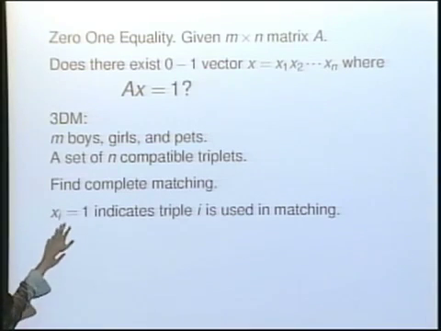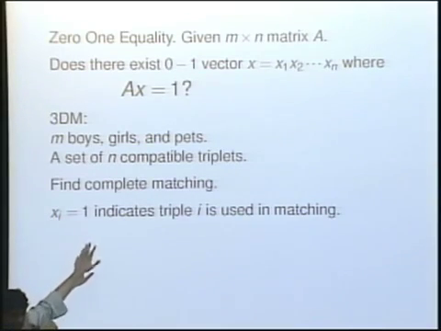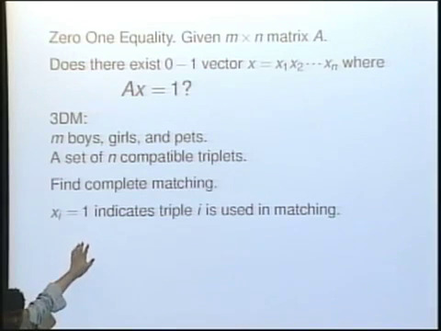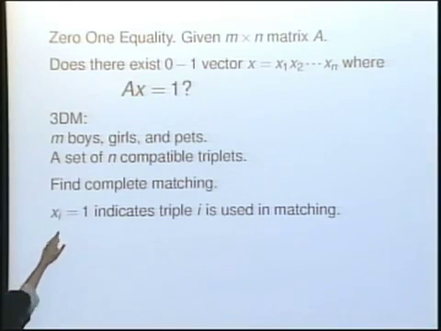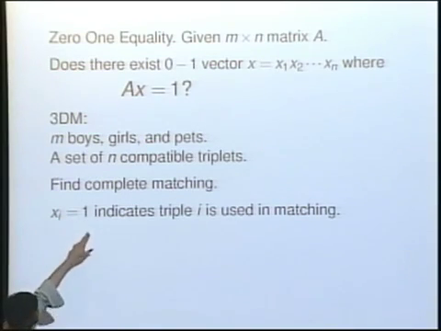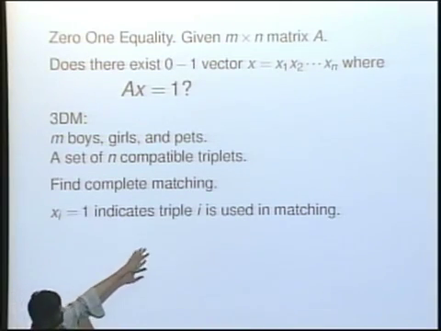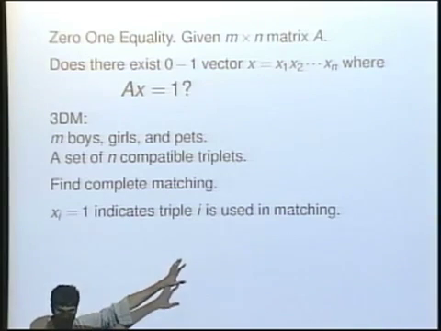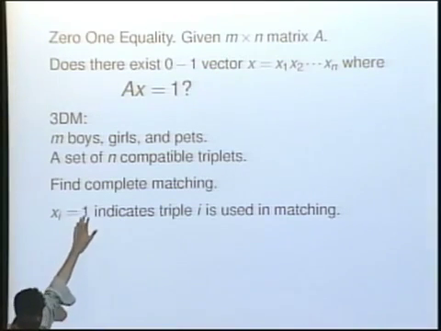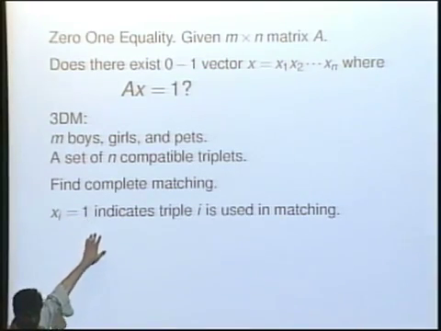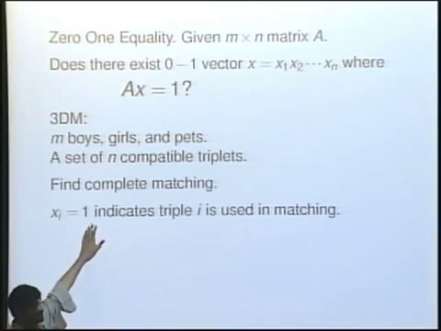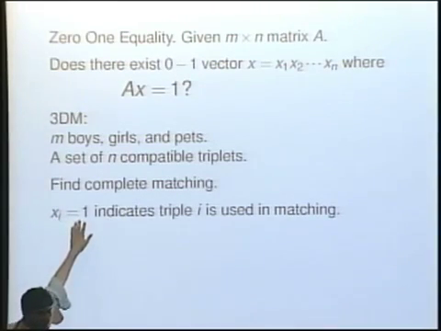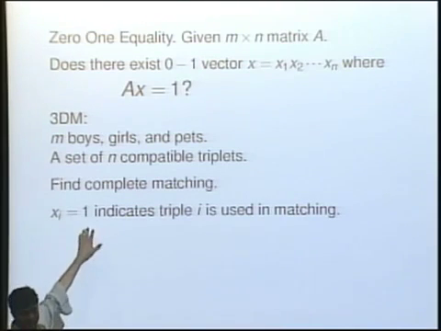So I have this set of triplets, and what I'm trying to produce is a set of equations. The idea of my reduction is that xi equals 1 indicates that triplet i is used in the matching. I'm going to have a variable in my new system for each triplet. When xi equals 1, that means I'm using that triplet, and when xi equals 0, it means I'm not using that triplet.